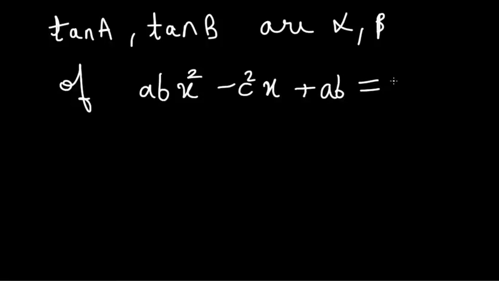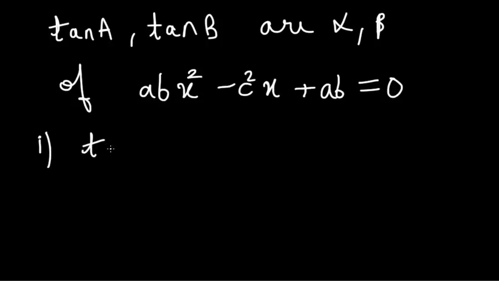So this is the quadratic equation which has two roots, tan A and tan B, both being trigonometric ratios obviously, and we need to prove a couple of things. So let me write down those things that we need to prove.